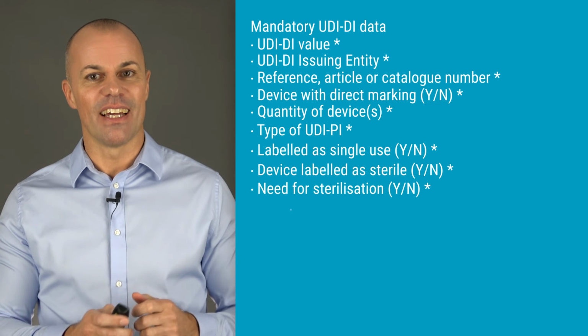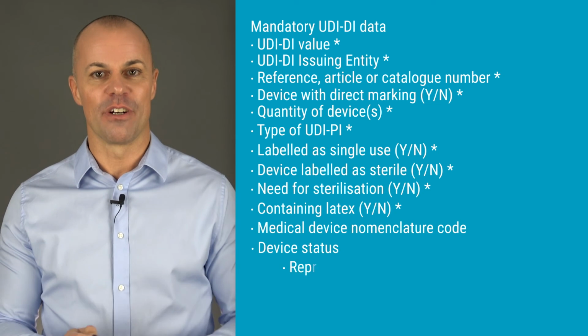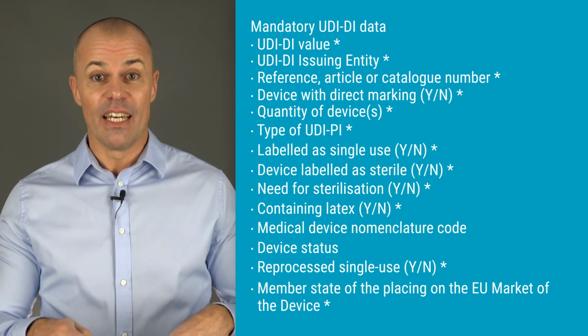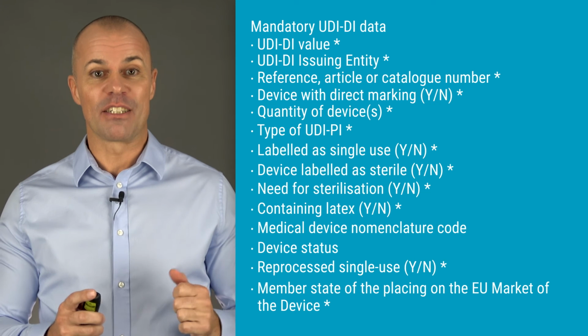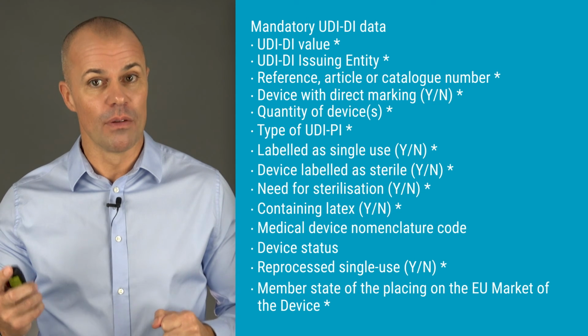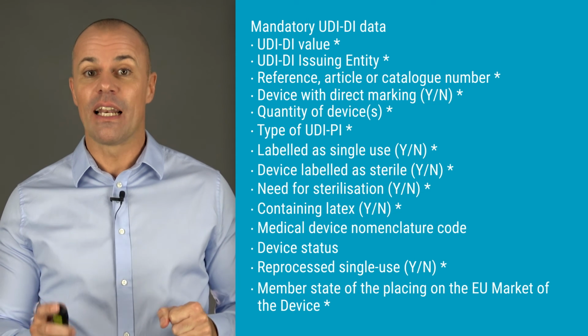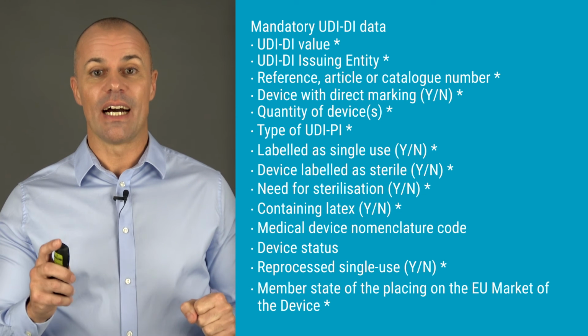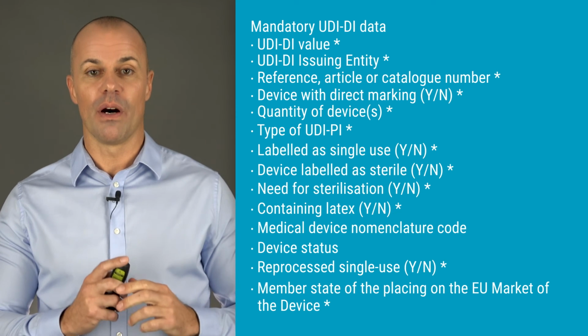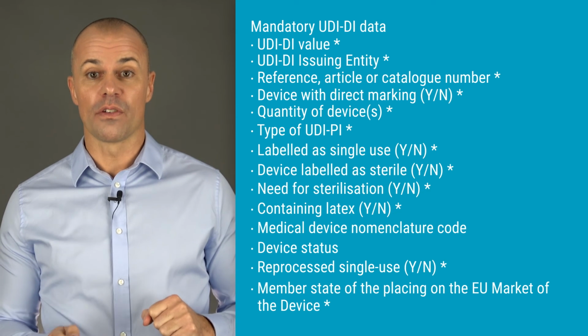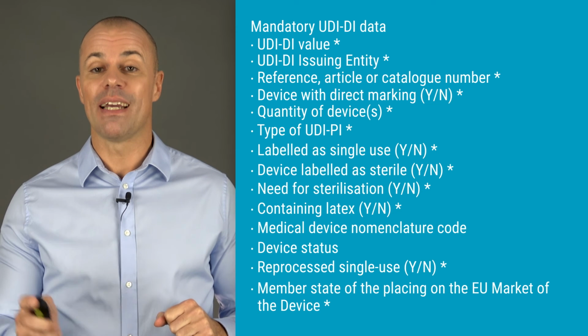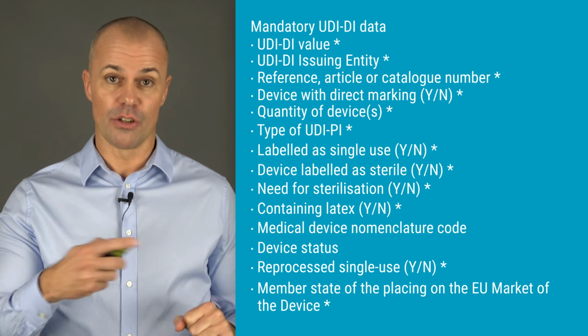And please understand that this is only the mandatory data to give for each device. Then there is at least equally much data required as applicable. Below this video you find a link to all UDI-DI data that is potentially required. And this document also stipulates the data required for the basic UDI-DI, as I mentioned earlier.